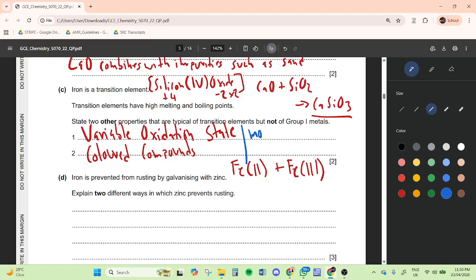You can also say that they are not as reactive. Some of you might think, okay, what if I talk about how they're not as soft? You can write that. So you can write that they're harder. You can also write, let's say, they act as catalysts, which group 1 metals can't do. So there's a lot of options. You just need to write any 2 that you want.